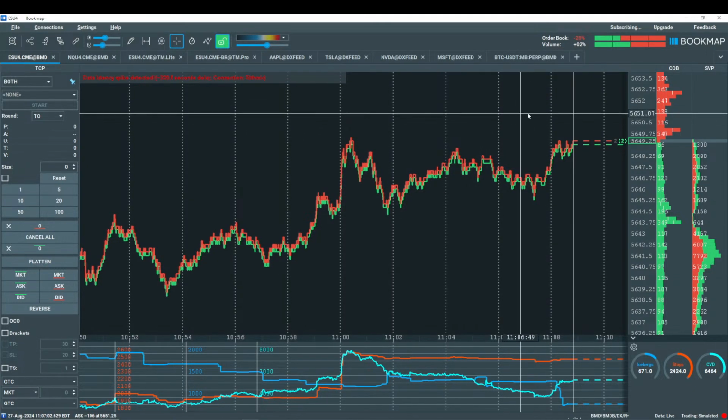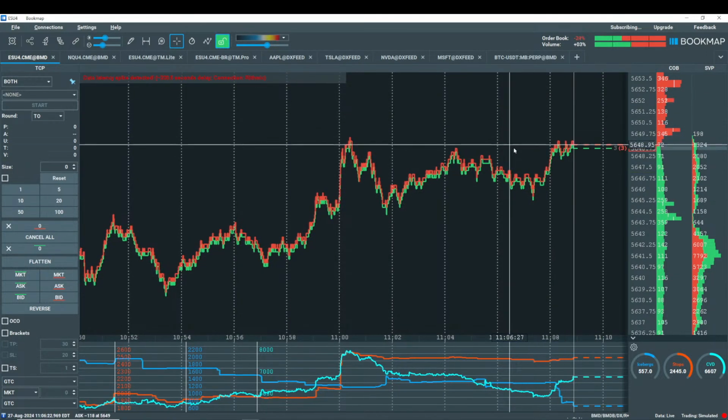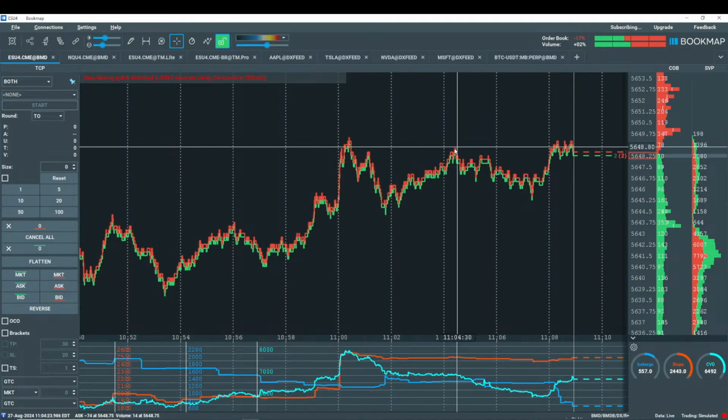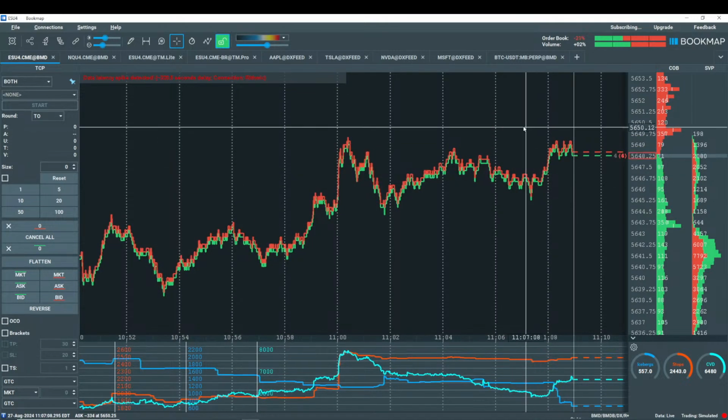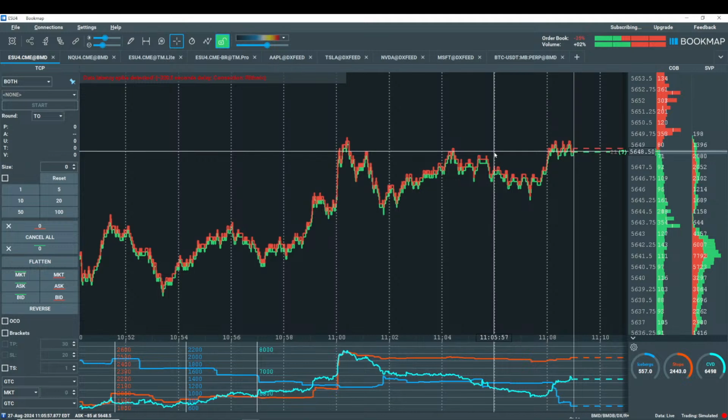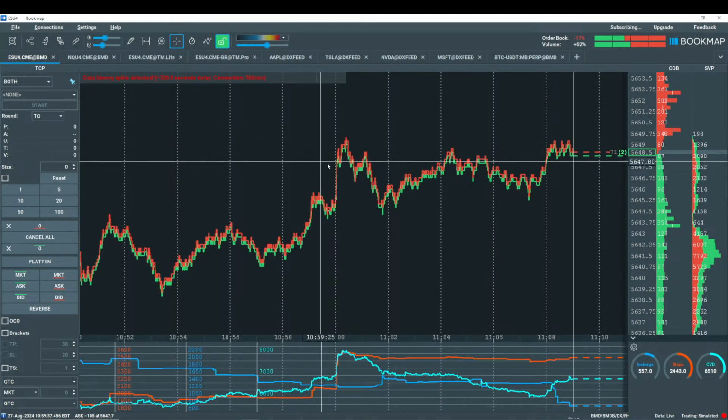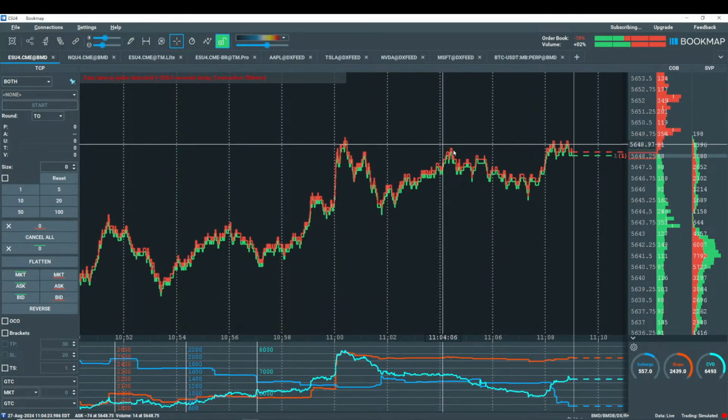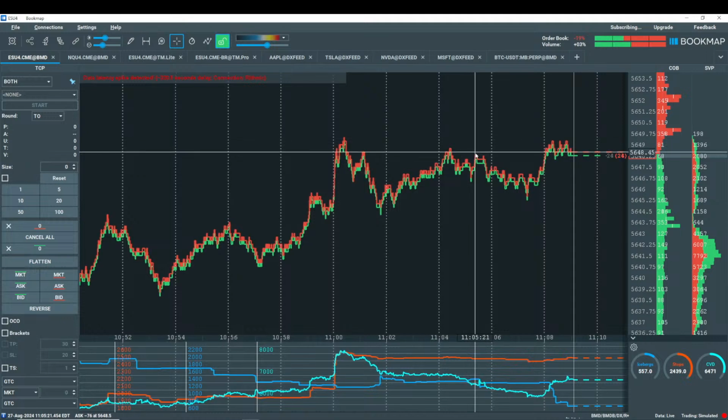Again, I'm not advocating it. I'm just saying, look at the behavior in the market, and what these swings are for today during this time.